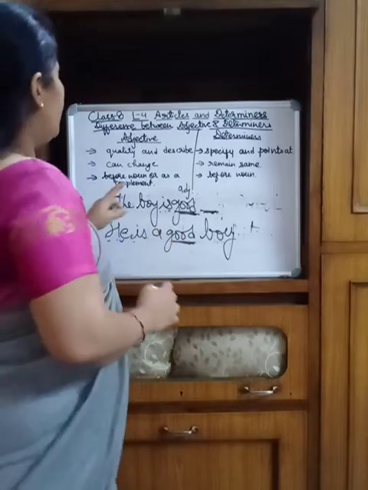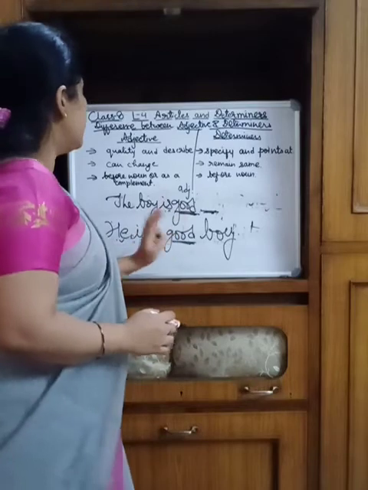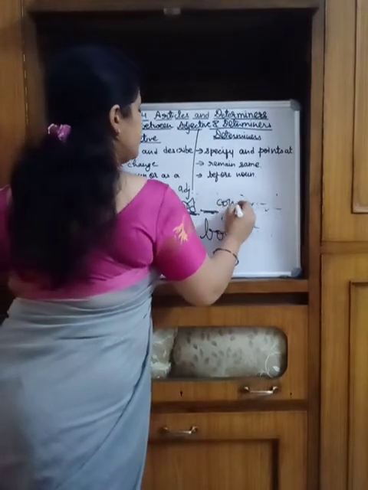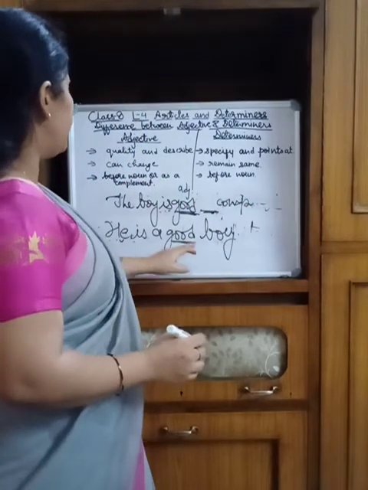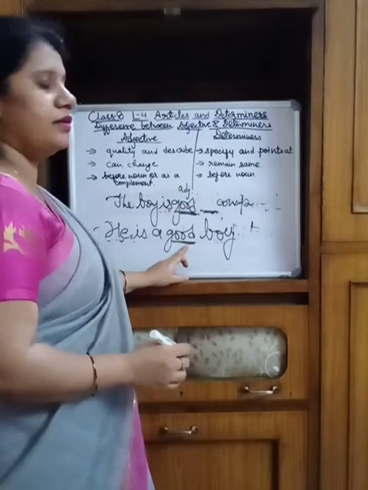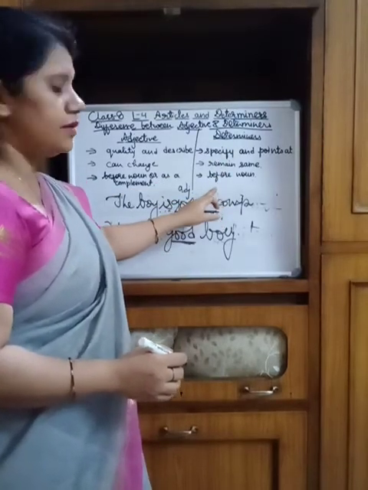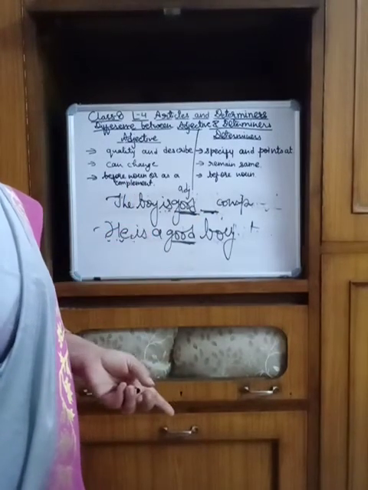In both places the word good comes, once as a complement, and once before the noun. But determiners always come before the noun.